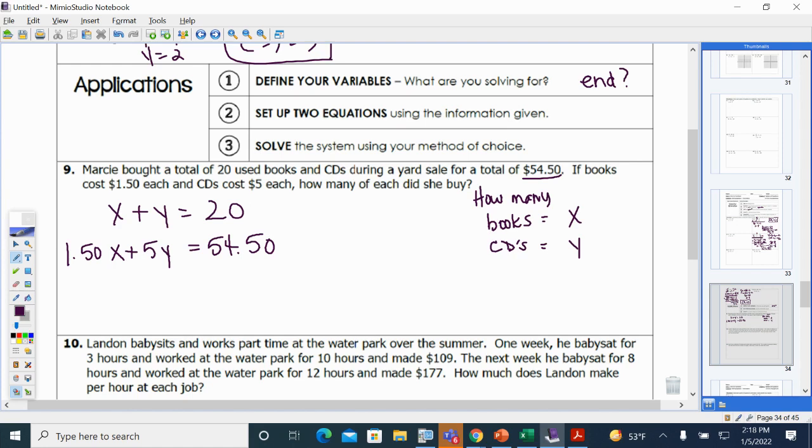I'm going to use elimination. I'm going to take the first equation and I'm going to multiply by a negative 5. So negative 5x minus 5y equals negative 100.